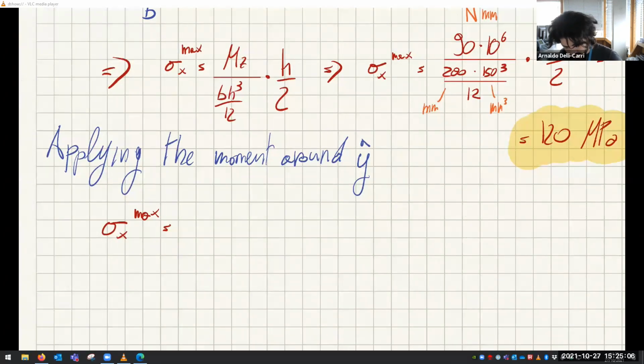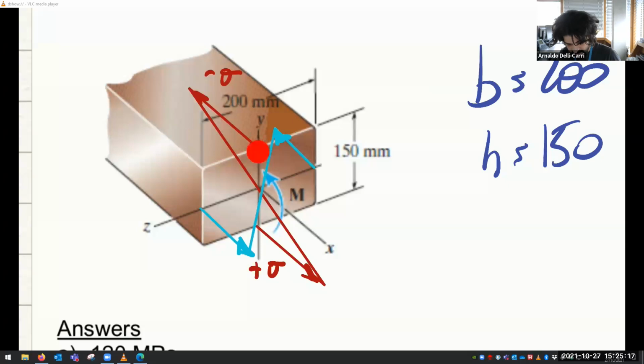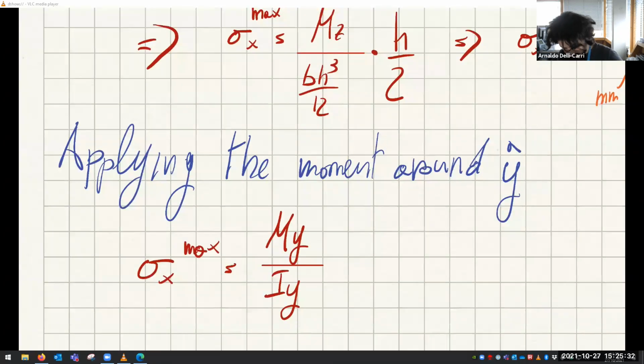So we are changing this to have My over Iy. And of course, now what's important is not the y coordinate, it's the z coordinate. See, this blue distribution grows according to the z-axis. It doesn't grow according to y. It's constant along y, so we are using z.